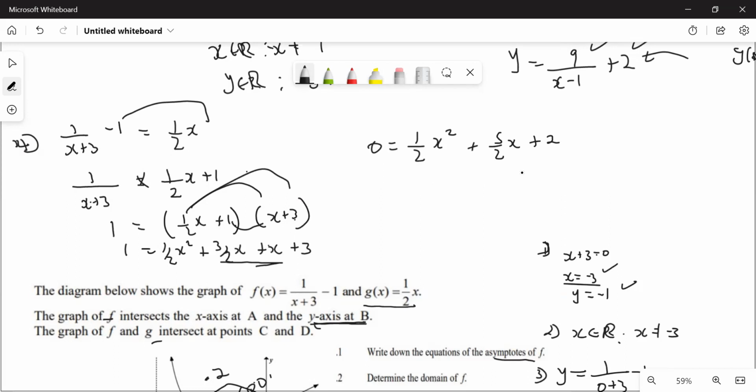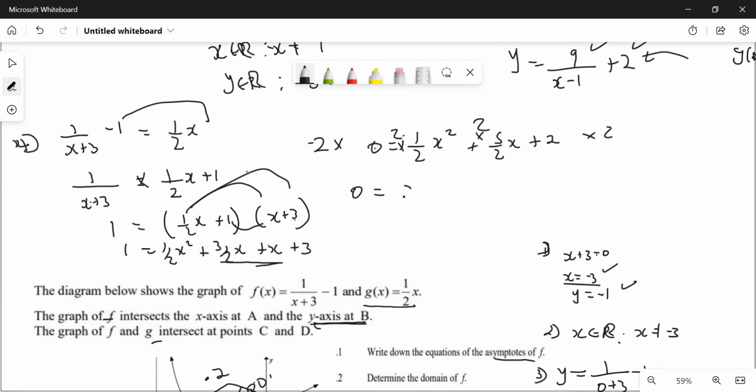Now, if you are going to use a quadratic formula, you can use it from here. You can say A is what, B is what, or C is what. If you want to use brackets, then I would suggest you remove the 2 here. How do you remove the 2? You're going to multiply each and everything by 2, by whatever is on the denominator. So I'll come and multiply this by 2, multiply this by 2, multiply this by 2, multiply this by 2. And then this one multiplied by 2 gives me 0.